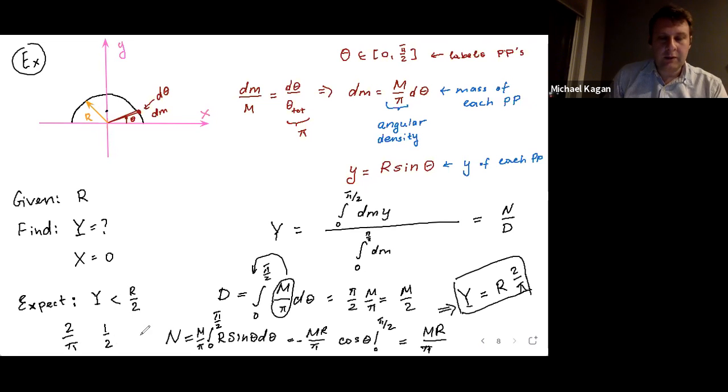What is greater? Two over pi, yes. So this is greater than this. So in fact, the center of mass is actually above the middle, somewhere here.